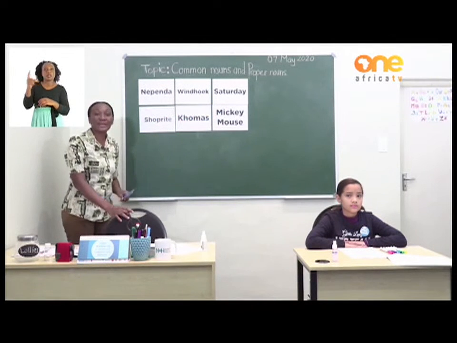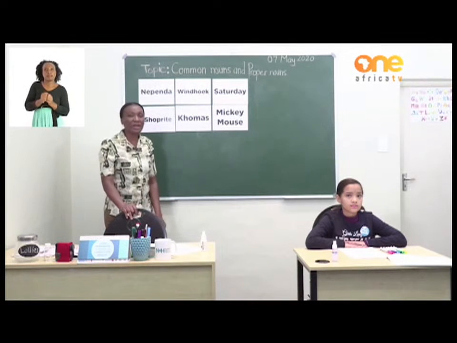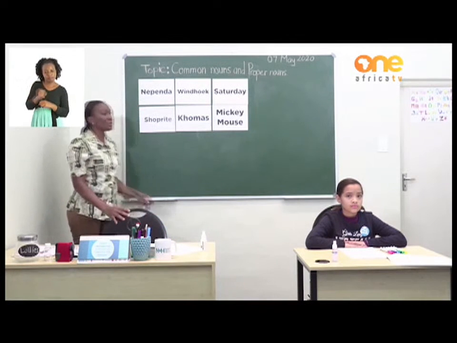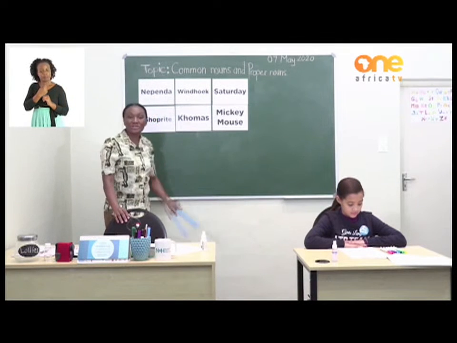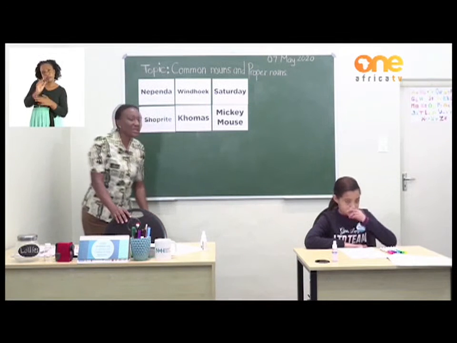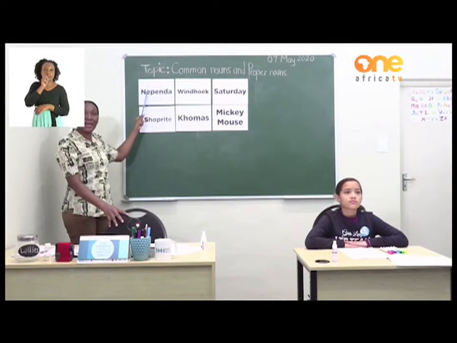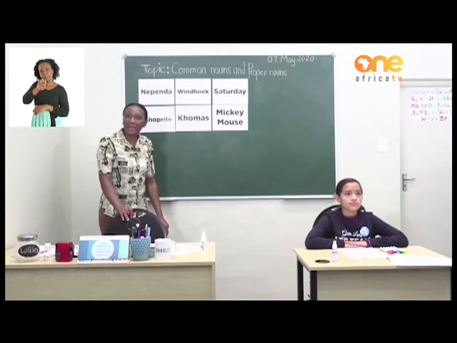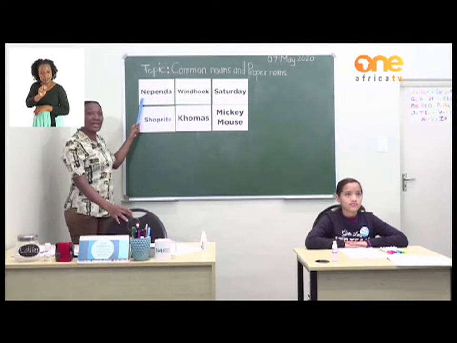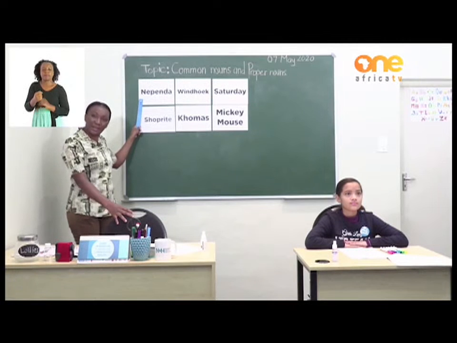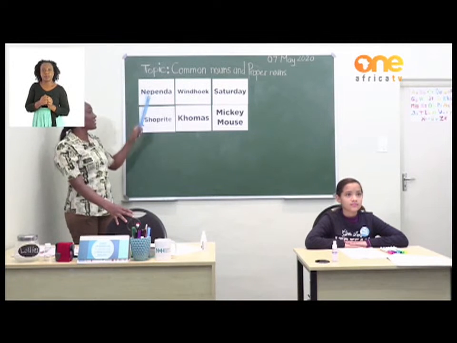You must always capitalize them. Now, on the chalkboard, you can see that I have written a few examples of the proper nouns. I have Nependa, and Nependa is the name of a person. And you can see that Nependa is written with a capital letter. Can you see that? Yes, I hope you can see that.